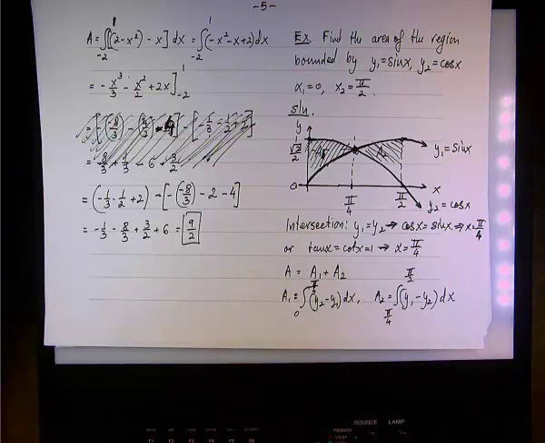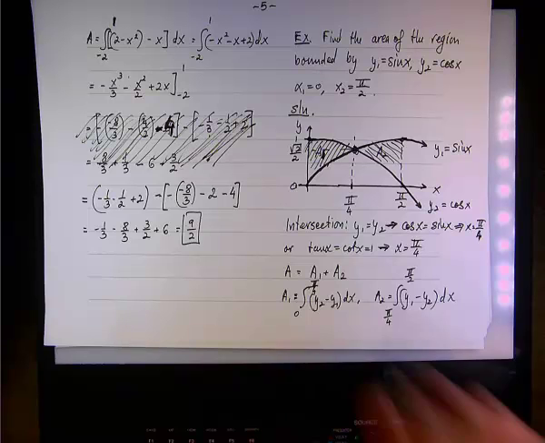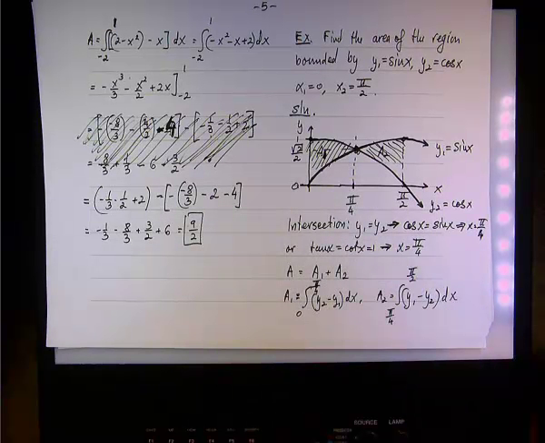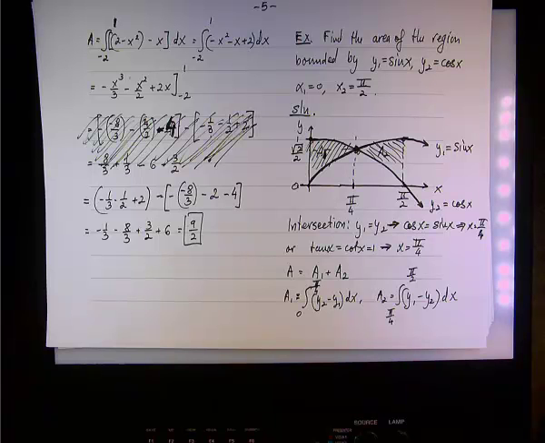The other thing that you may want to assume: would it be right to assume that the area to the left equals the area to the right and just do 1/2 and double by 2? Well, I'm not so sure, because sine and cosine, one is an even function, one is an odd function. The sine is an odd function, the cosine is an even function.